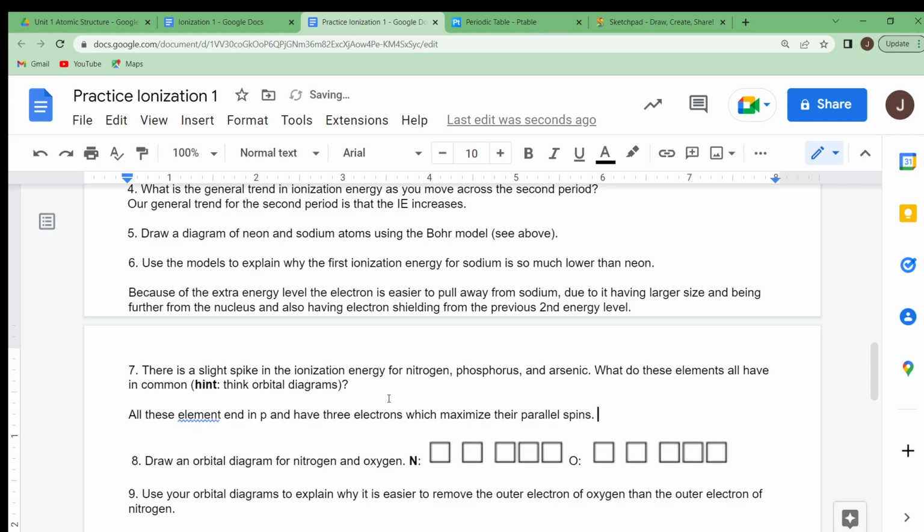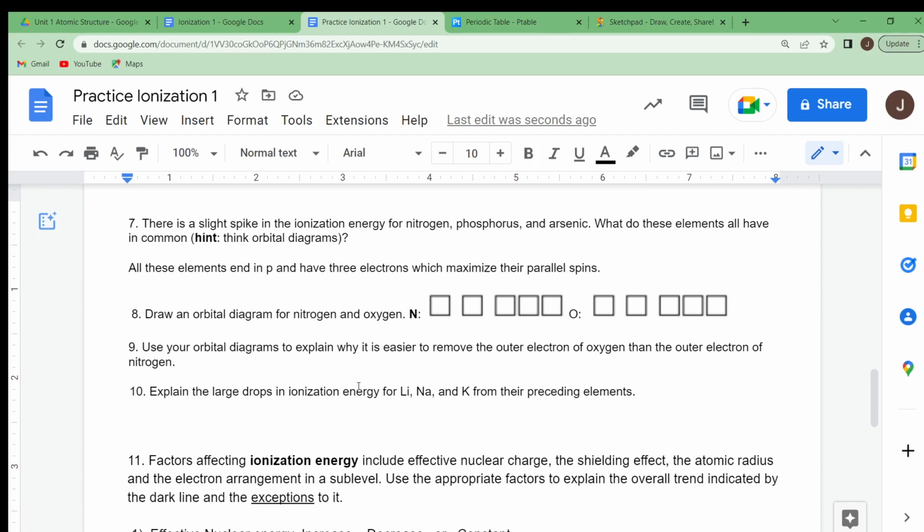And that would be all that we need to satisfy this type of question. So this is just a good callback to what we were doing before with electron configuration.